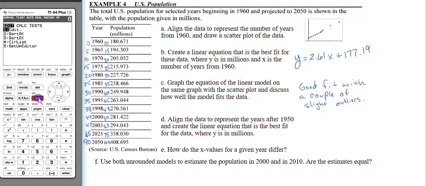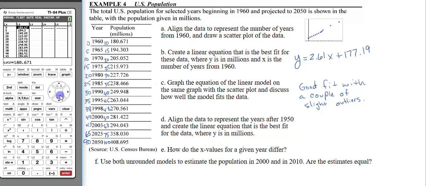Now go into your stat and edit, and you can just overwrite those numbers. You don't have to clear out your list.